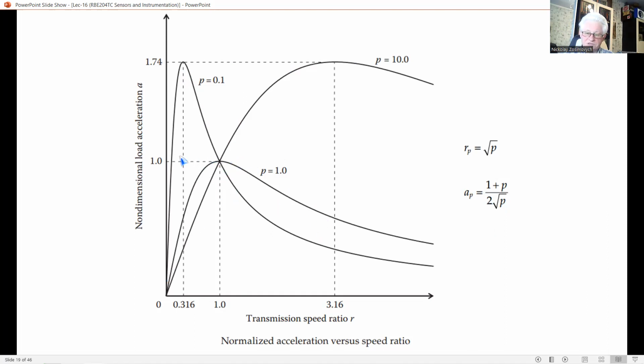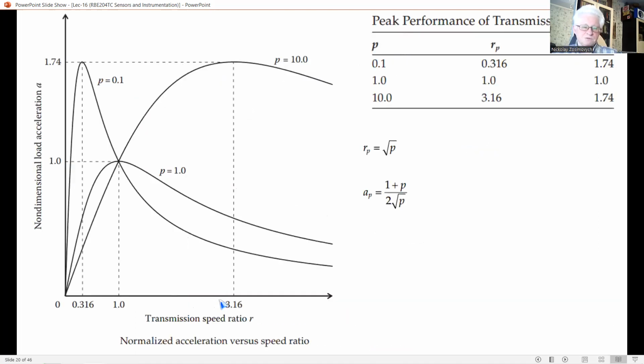All of them cross at this dot, 1, 1. The peak values are tabulated in this table.